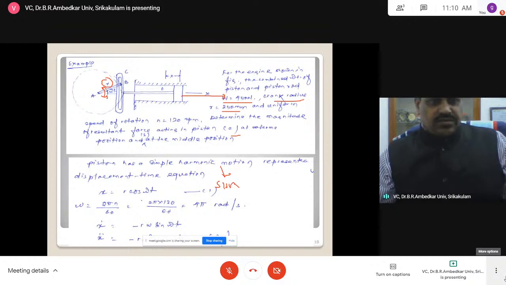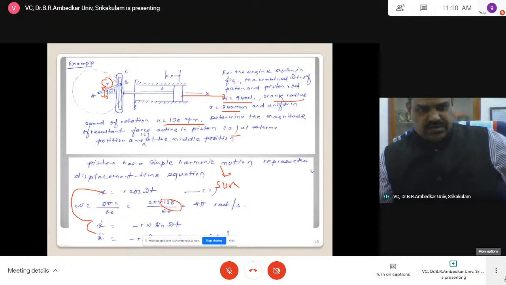X is equal to R cos omega t. Resolve the component, X displacement, R cos omega t. You know 0 to 360, omega is equal to 2 pi N by 60. N is given 120, so omega is 4 pi. This you differentiate.